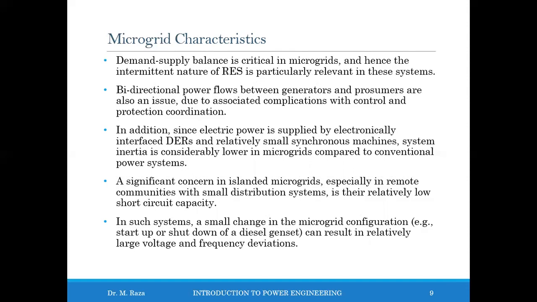In such system, a small change in the microgrid configuration, such as startup or shutdown of a diesel generator, can result in a relatively large voltage and frequency deviation. This poses stability challenges when operating conventional synchronous generators and inverter interfaced power generation resources together, since perturbation in this case may lead to inverter shutdown.